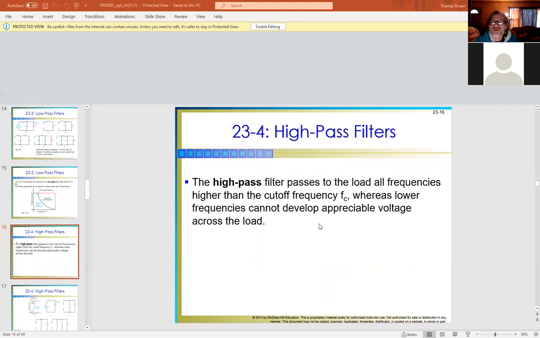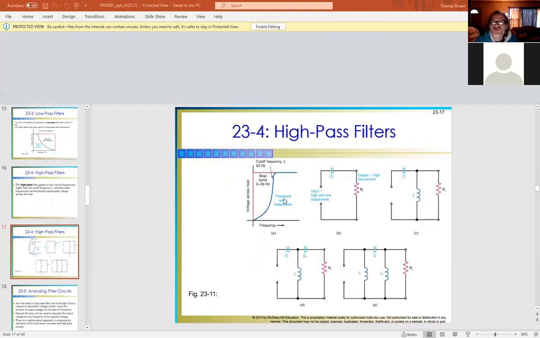Let me go through here. And then looking at high pass filters again, in this case we're looking at frequency response. If we look at this first graph, notice it says we have a cutoff frequency of 50 hertz. So this curve is our overall response for this circuit. Once it hits 50 hertz and plateaus, all of that is usable, and anything under that is unusable, because this is the voltage.